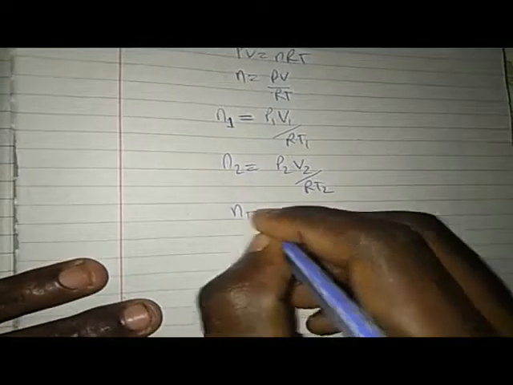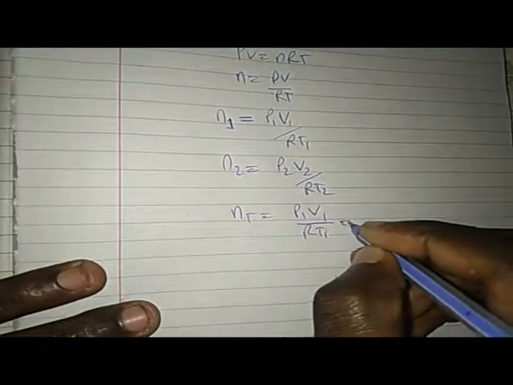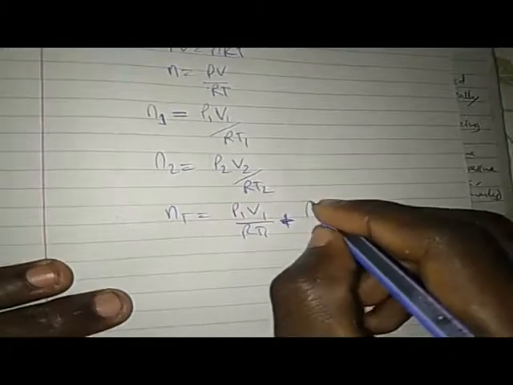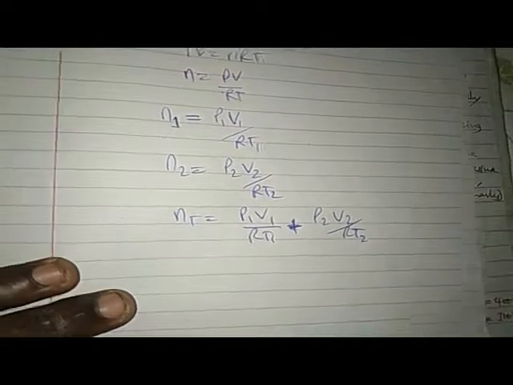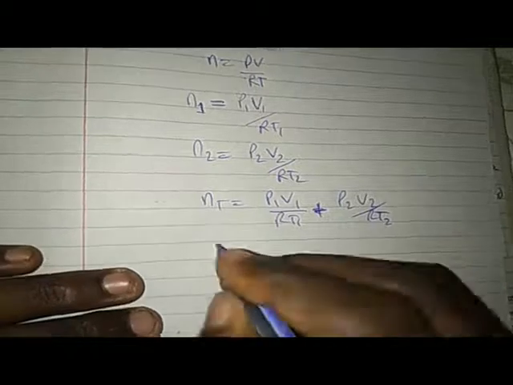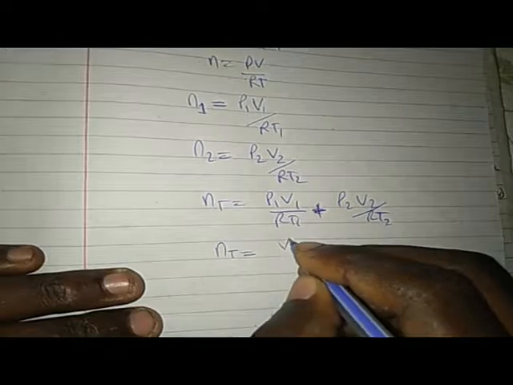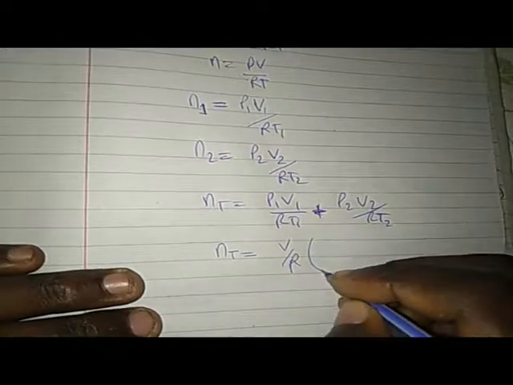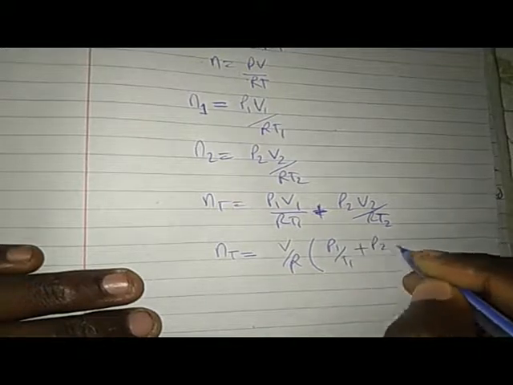The total number of moles will be P1 V1 divided by R T1 plus P2 V2 divided by R T2. What you can see in the question is that volume and R are constant. So the total number of moles one can say is V divided by R, then P1 divided by T1 plus P2 divided by T2.